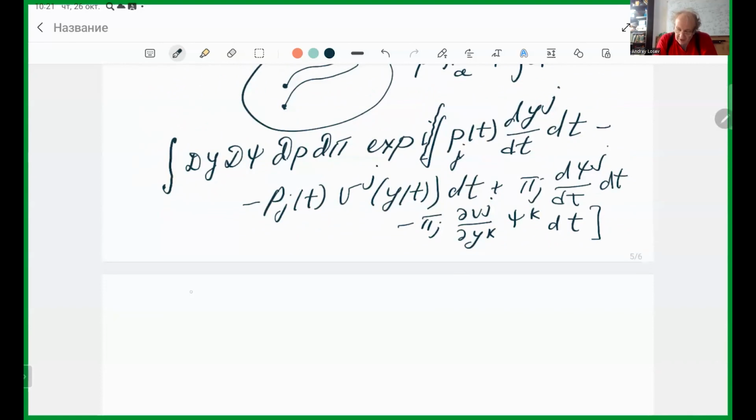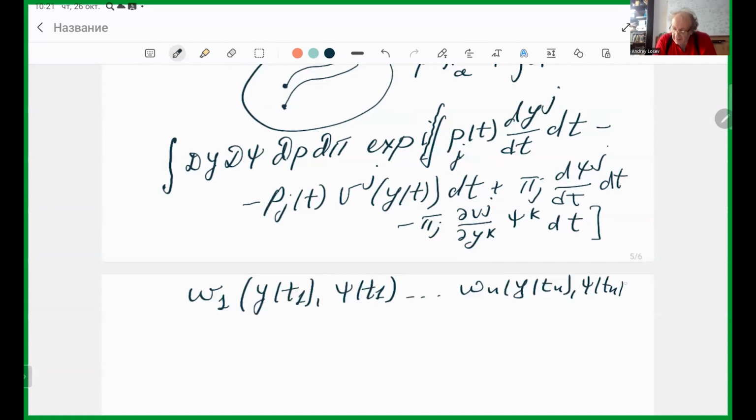And we have some differential forms in the pre-exponent: omega 1 of y at t1, psi at t1, through omega n, y at tn, psi at tn. So this is a simple case, no p or pi insertions.